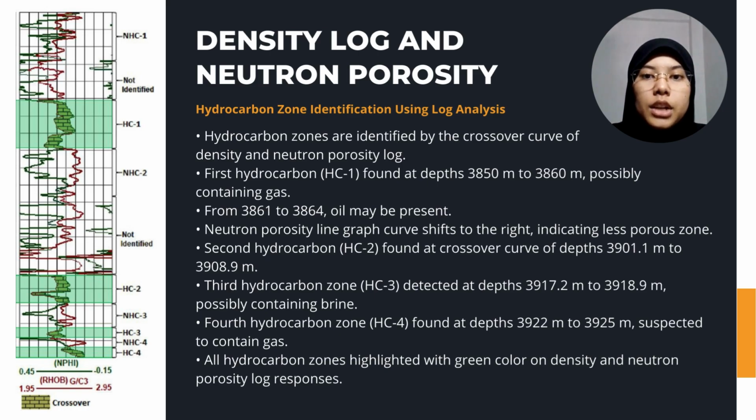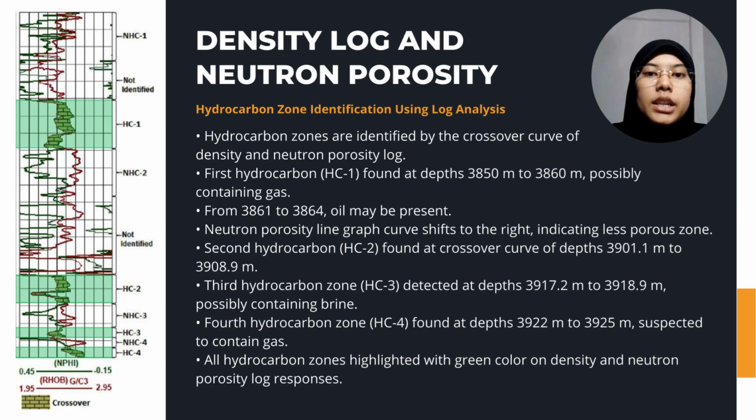The second hydrocarbon zone, HC2, is found at the depth of 3,901 until 3,908 meters. As for the third hydrocarbon zone, it is detected at the depth of 3,917 until 3,918 meters.